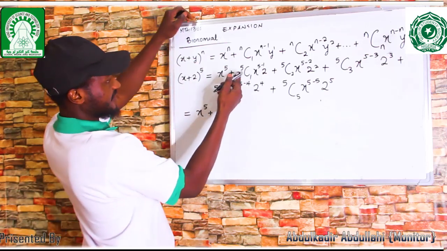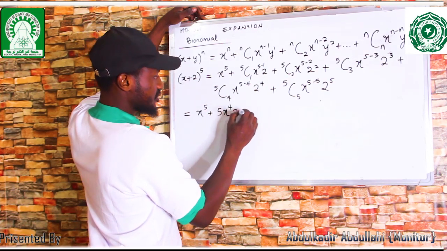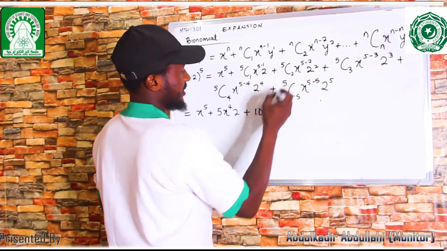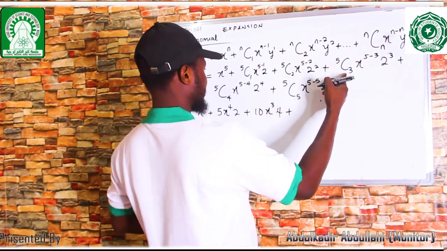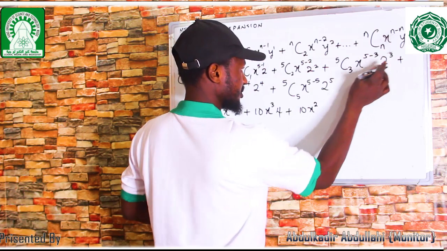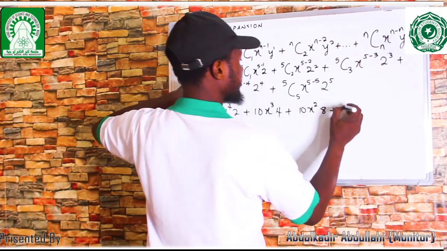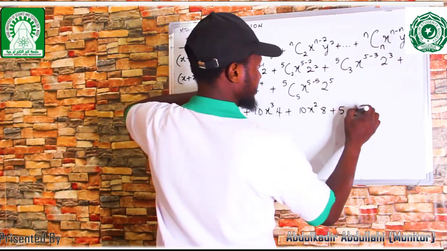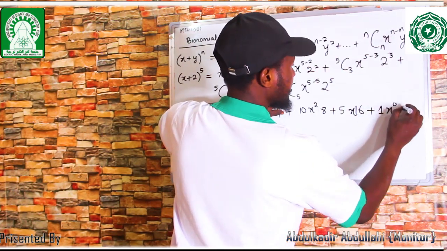Therefore, 5 combination 1 is 5, so we have x power 4, then the 2 here, plus 5 combination 2 is 10, x power 3, then 2 power 2 is 4, plus 5 combination 3 is also 10, then x power 2, this is 8, plus 5 combination 4 is 5, x power 1, then this is 16, plus 5 combination 5 is 1, x power 0, then 32.